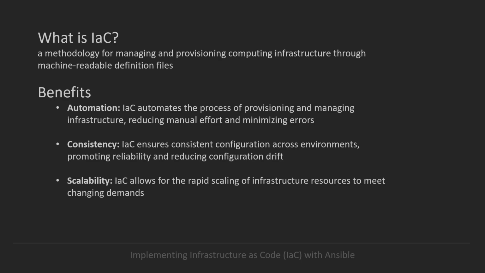IaC manages IT infrastructure using machine-readable definition files rather than manual processes or interactive configuration tools. It allows for the rapid scaling of infrastructure resources in order to meet changing demands.